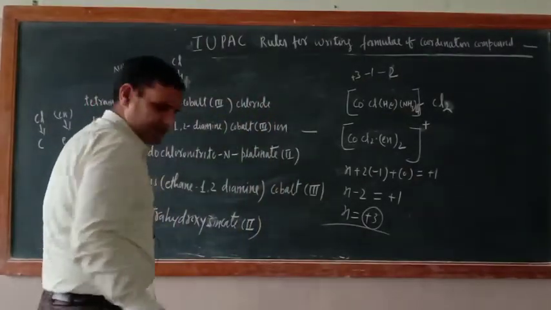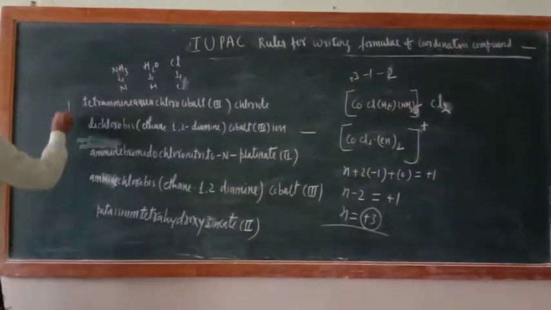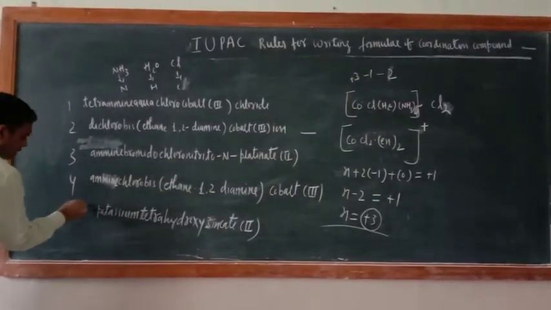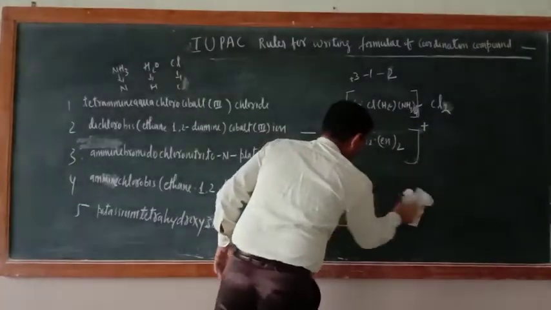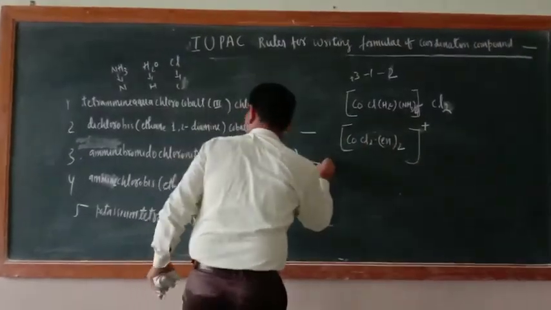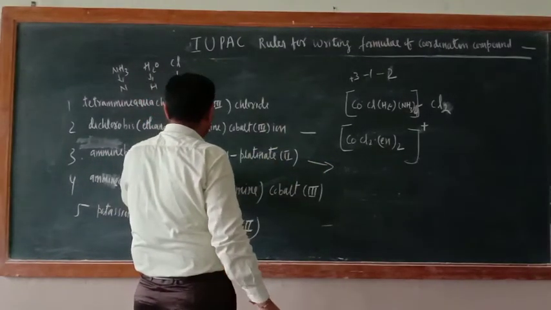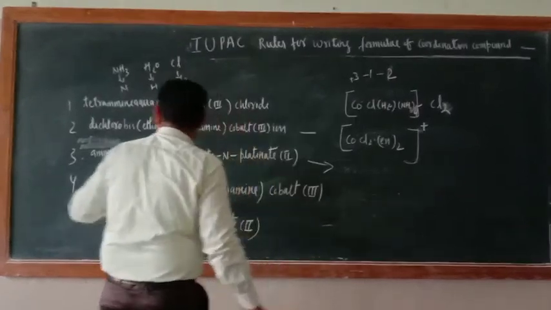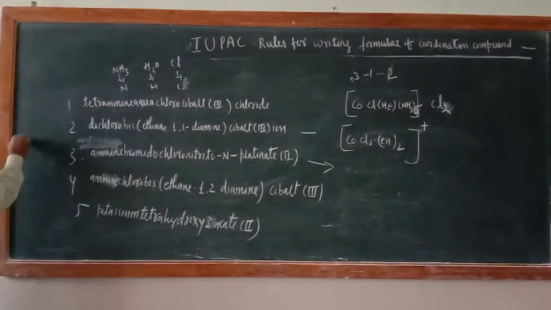Next one is this one. 1, 2, 3, 4, 5. Third one. Just see here. What would be the formula of the third one? Amminebromidochloronitritoplatinate. Just see here. How many ligands are there?